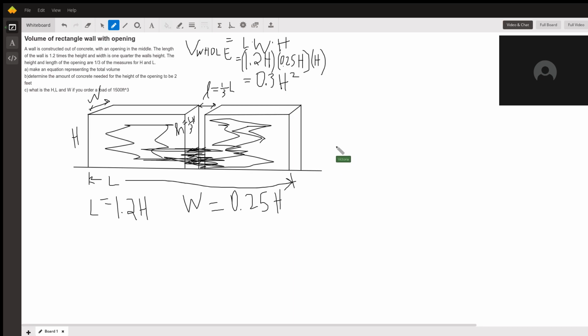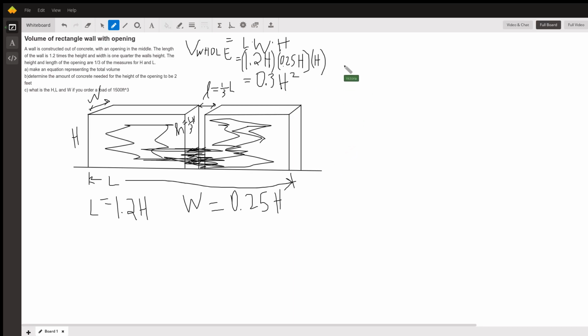Now, the volume of just the opening, which we're going to have to subtract off from the whole, is little l times the same width times little h.